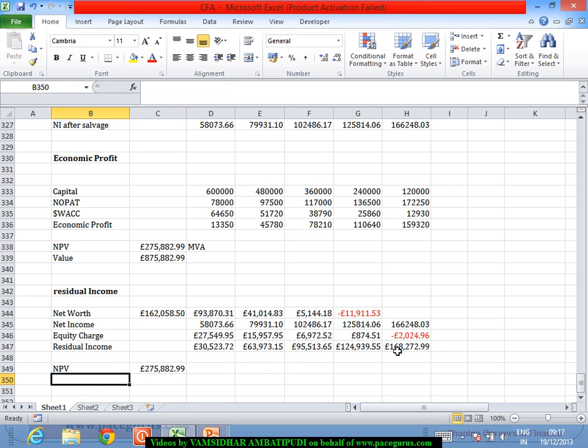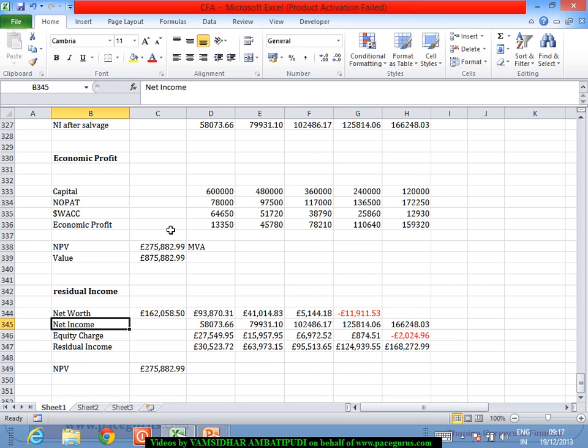This is resulting again in 275,882 itself, which is the same as what we are able to derive using the economic profit approach. The only thing here is I have to be quite comfortable with the book value of equity, which is nothing but net worth. I should be quite comfortable in computing the net worth or the book value of equity.